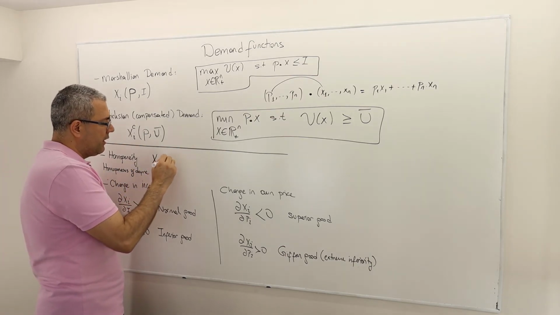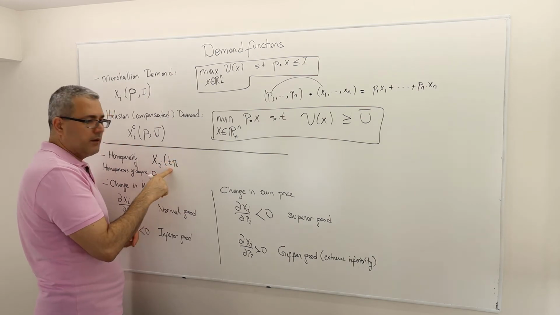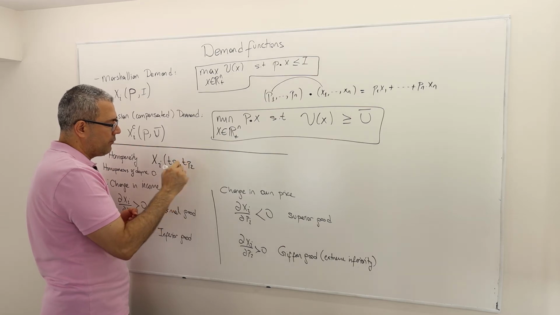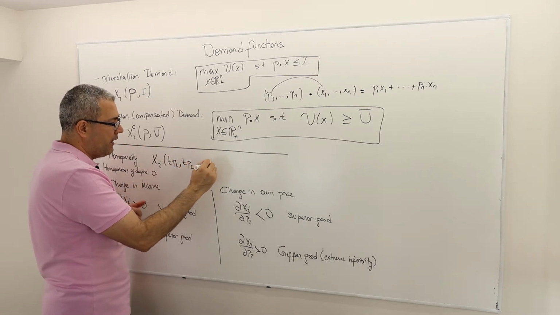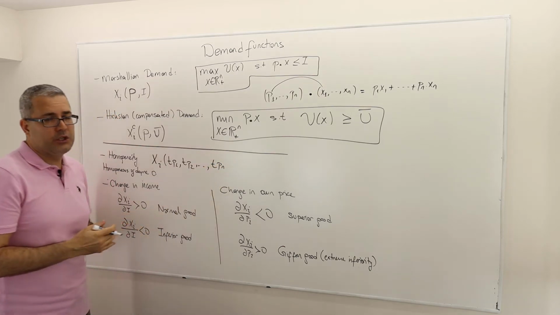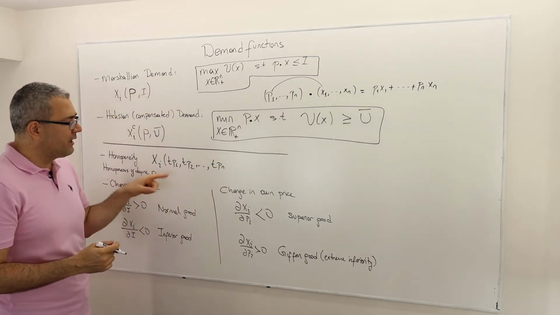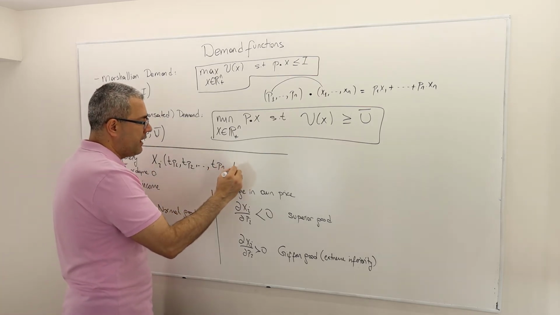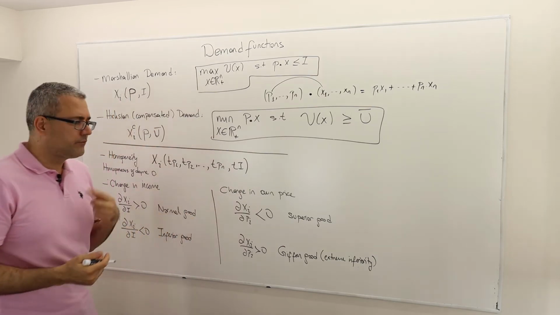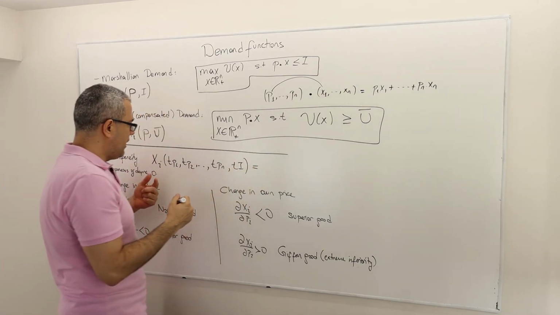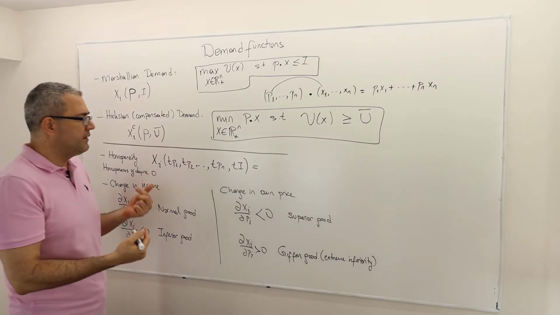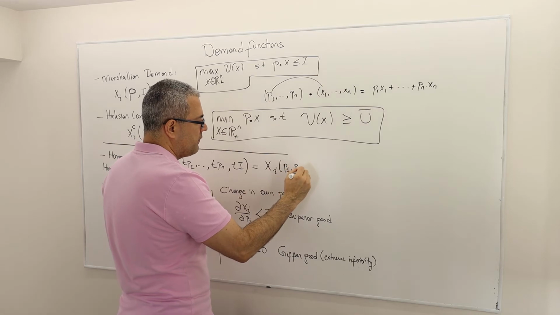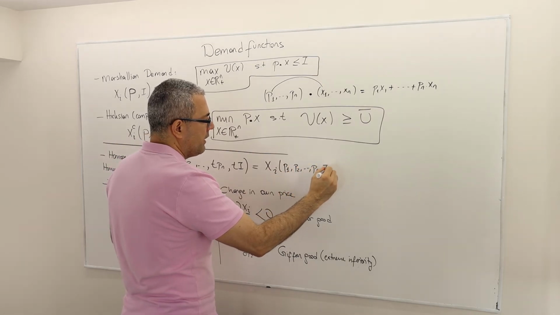Suppose that I increase the price of good 1 to t times P1 dollars, the price of good 2 to t times P2, and in fact I do this for all the goods available. Let's say t is 2, so I double the price of each good, but at the same time I double the income. Well, the homogeneity of degree 0 says this is equal to x_i(P1, P2, all the way up to Pn, income).